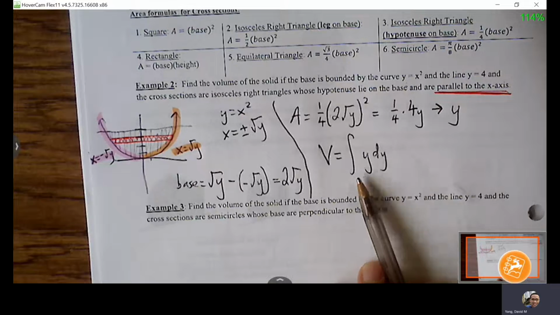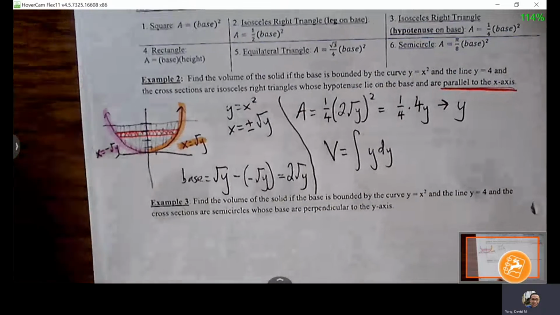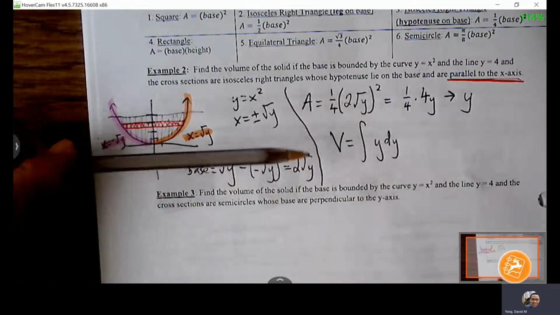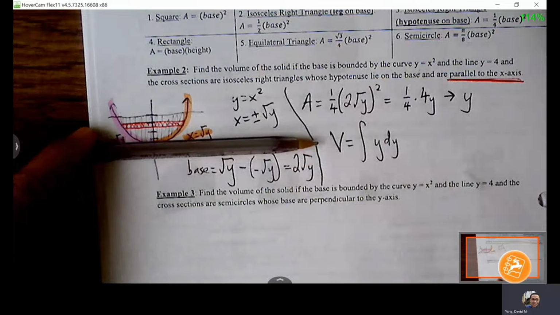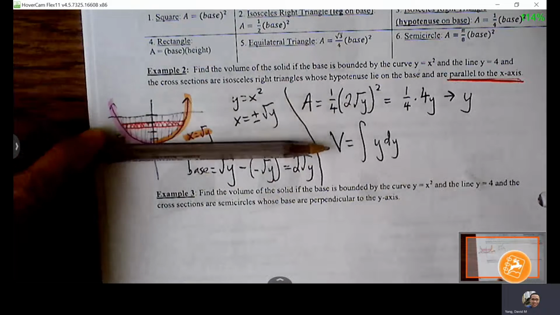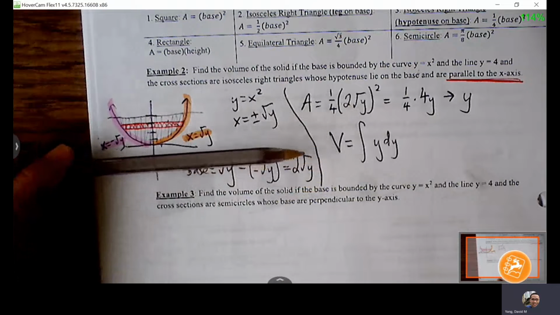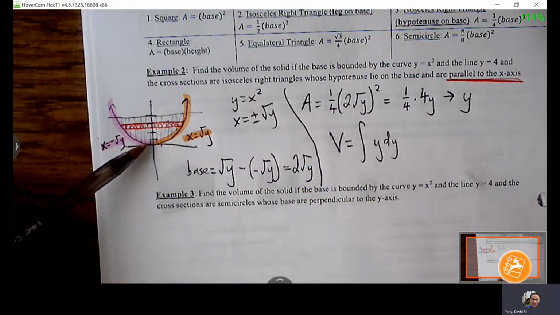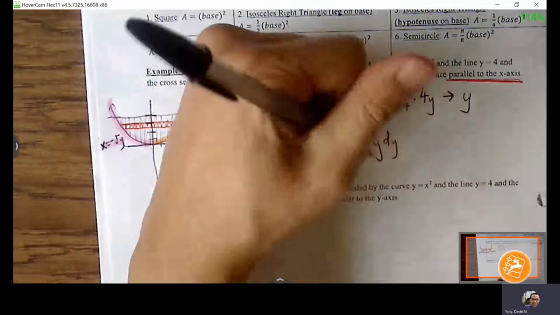Okay, my bounds are in terms of y. And we're stacking these right triangles out of the page from down here all the way to up here. So what are my bounds going to be? What's the lowest y value? Okay, what's the highest y value? 4, right? So from 0 to 4.